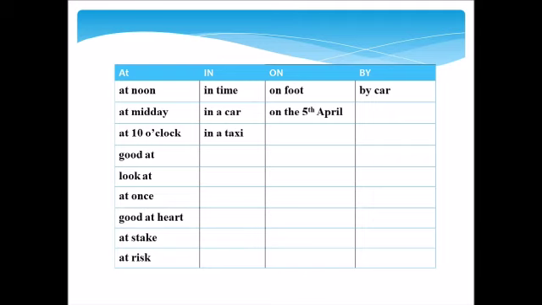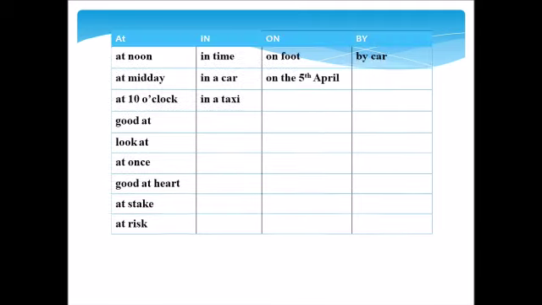Let's talk about now by. By shows means. It shows means, that means how we go somewhere, through which we go somewhere. We use by car, by train, by ship, by plane, by sea, by air, by land.